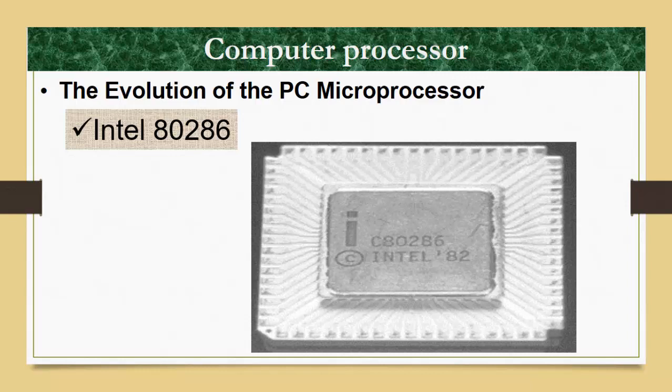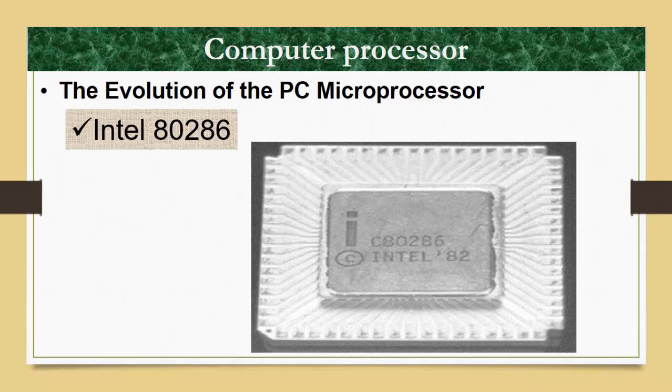It had 134,000 transistors and nearly 3 times the power of the 8086, with 0.9 million instructions per second. The 286 was able to address 16 MB of memory with address bus expanded to 24 bits.